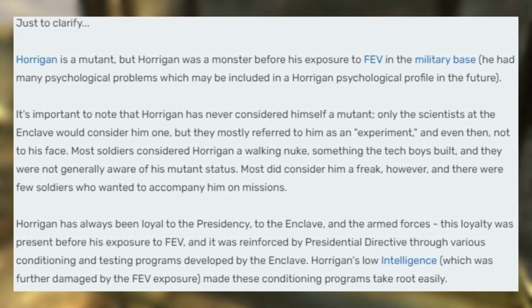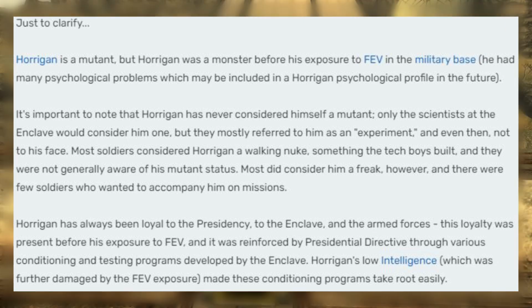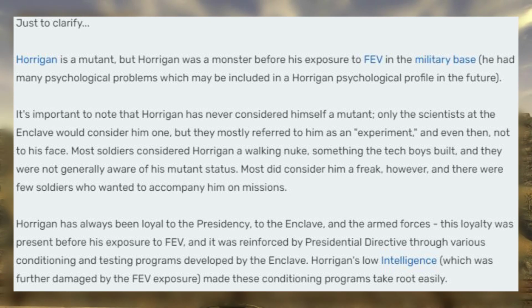It's important to note that Horrigan has never considered himself a mutant, only the scientists at the Enclave would consider him one, but they mostly referred to him as an experiment, and even then, not to his face. Most soldiers considered Horrigan a walking nuke, something the tech boys built, and they were not generally aware of his mutant status. Most did consider him a freak, however, and there were few soldiers who wanted to accompany him on missions.